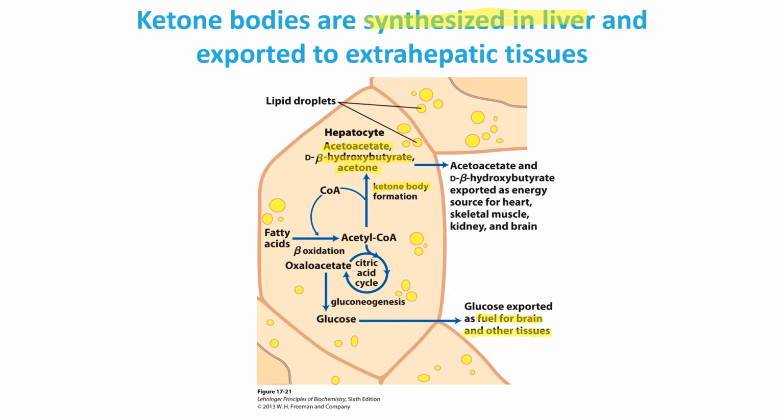Those conditions are usually the ones in which gluconeogenesis is more active. In other words, conditions like diabetes mellitus or prolonged starvation are where the body produces more than usual ketone bodies.